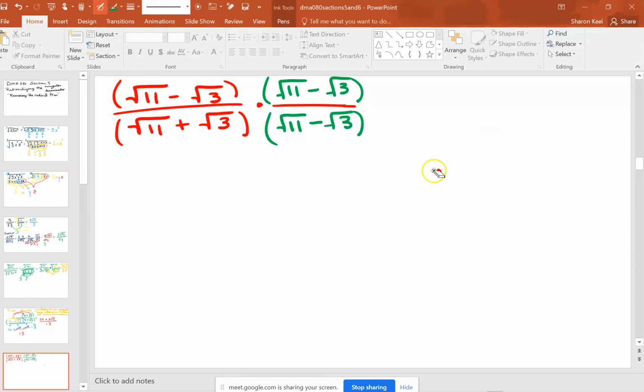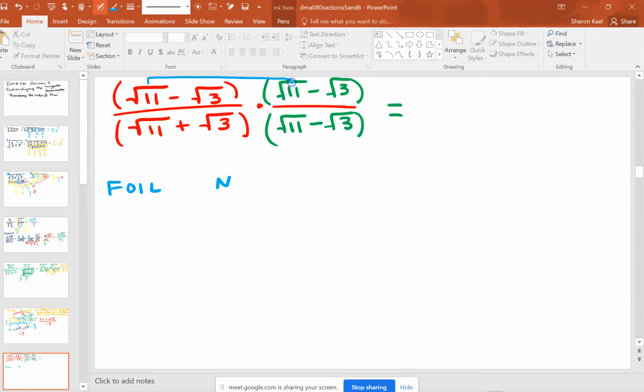But what we have to do to solve this is we're going to FOIL the numerator and the denominator. So first, if I FOIL the numerator, if I have square root 11 times square root 11, isn't that the same? So that means for the first term, an 11 is going to come out.